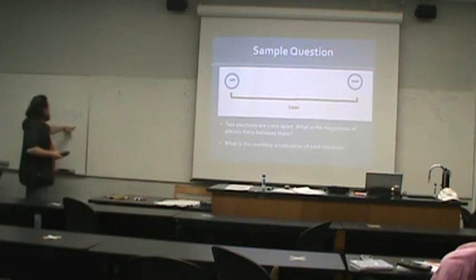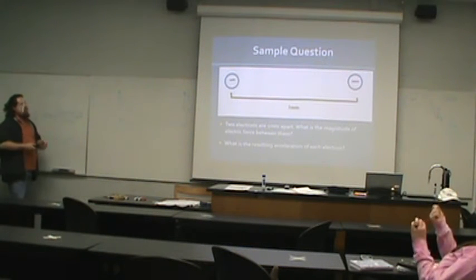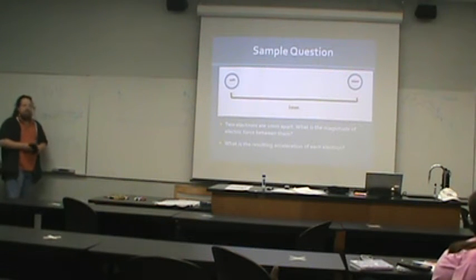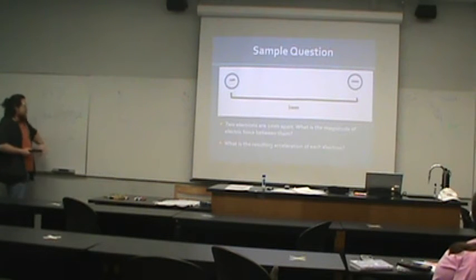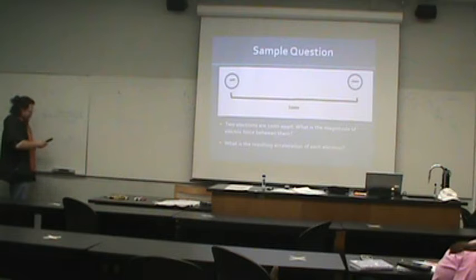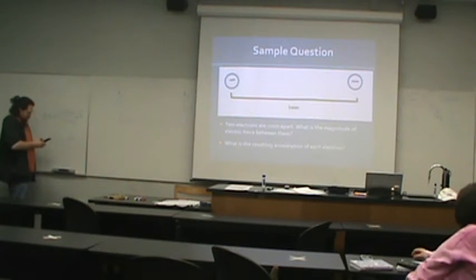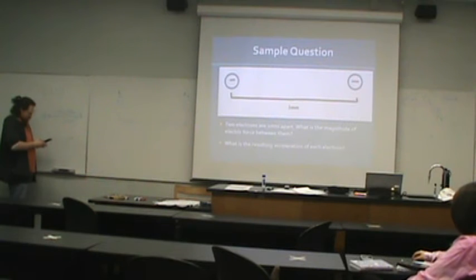And distance between them, we can choose to ignore the radius of an electron because that's too small to count. So this is just the distance between the two objects. And I will double check. We'll work on that. Don't put in a negative number.